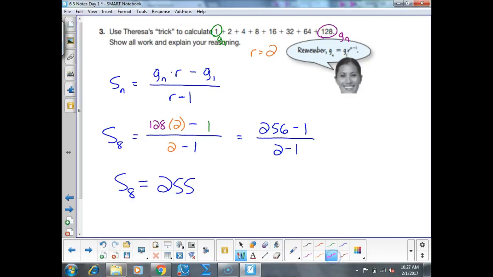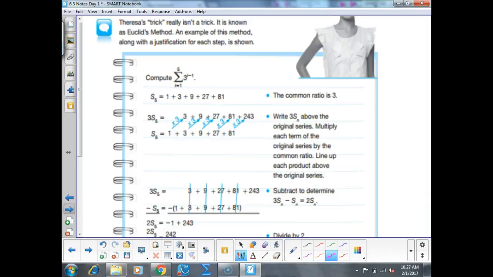So the sum here then is 255. Teresa's trick isn't a trick really at all. Teresa's trick is something called Euclid's method.